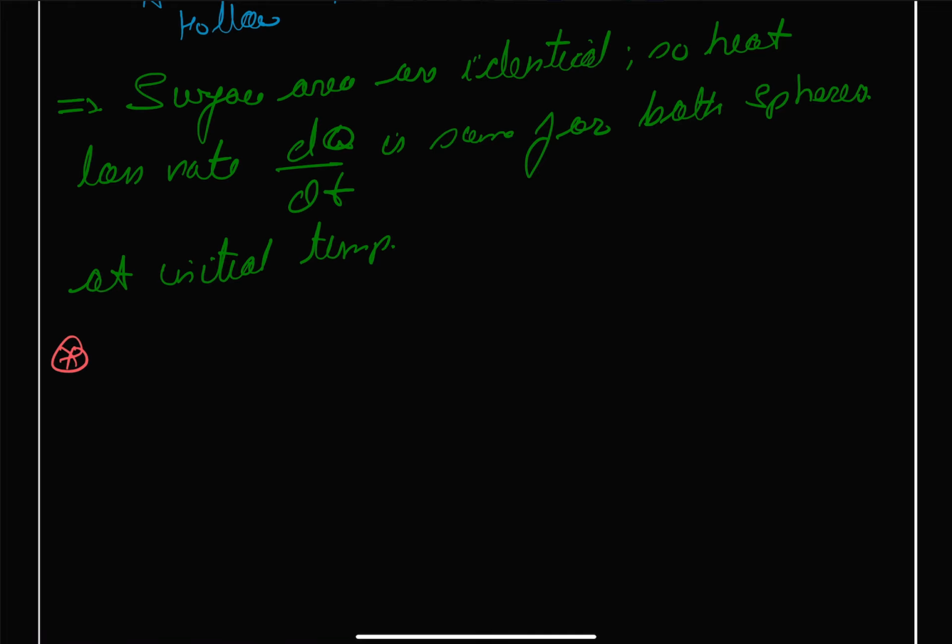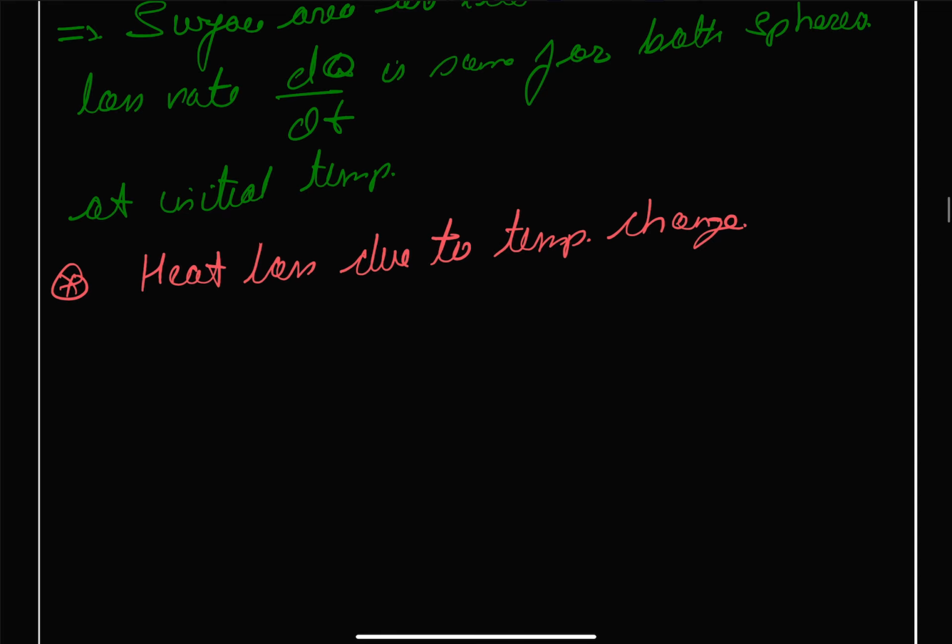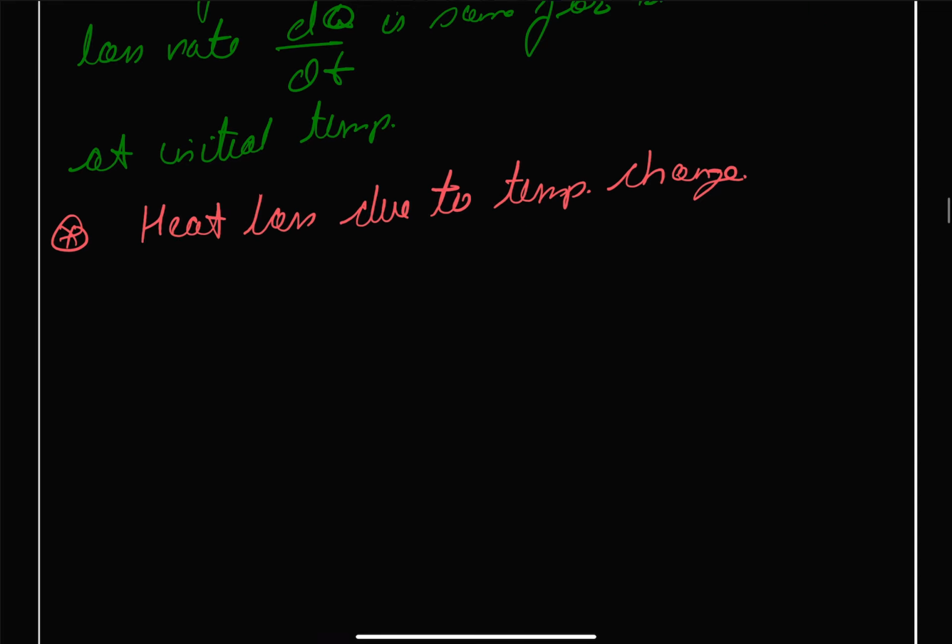We can say heat loss due to temperature change, and this is a standard relationship, that dQ/dt is equal to minus mc dT/dt. It means the rate of heat loss is the product of the mass, specific heat and rate of change of temperature.